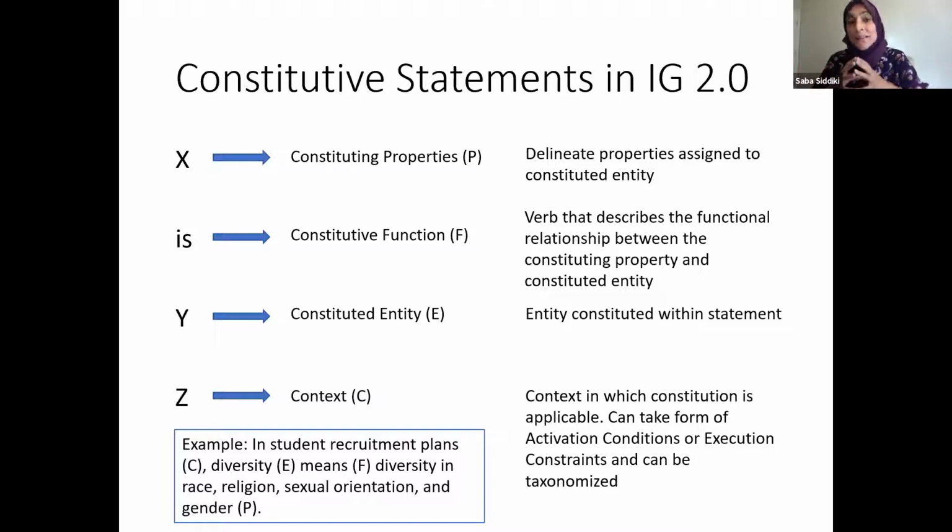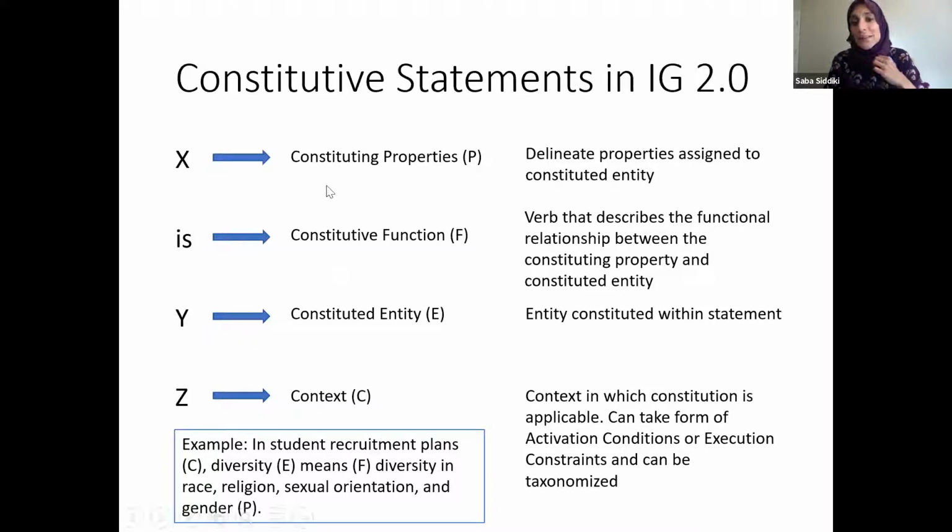So we've replaced X with a syntactic component, constituting properties. And this syntactic component essentially delineates properties that assign to Y, which we characterize as the constituted entity within the statement.